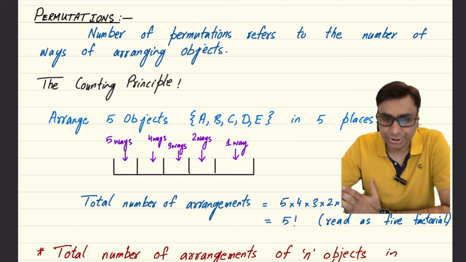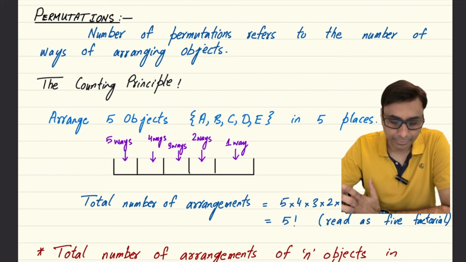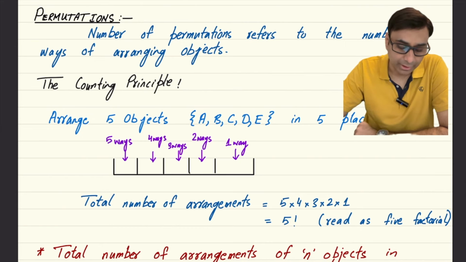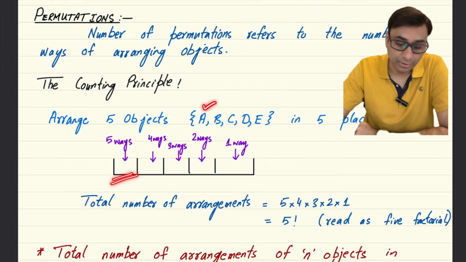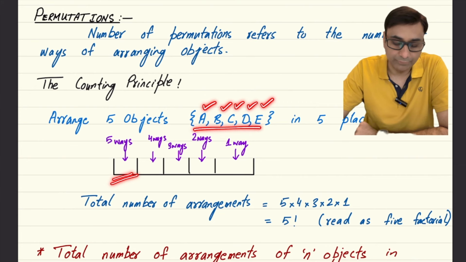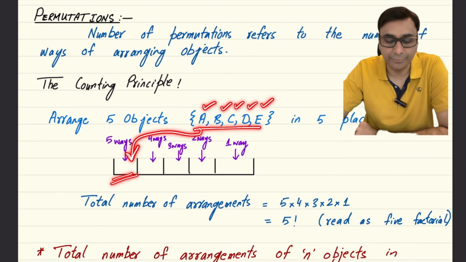This is how you actually achieve the formula, the counting principle, in which you say that I have to put an object in this particular space. When you wish to put an object in this particular place, you have 5 different options. So if I put an object over here in the first place, there are 5 different ways, so you write 5 on account of that.